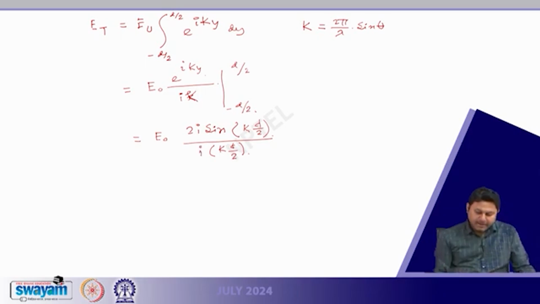And this d by 2 I put because in here we have a d by 2. So, what I do, I will multiply a d by 2 altogether to make it as a sinc function.